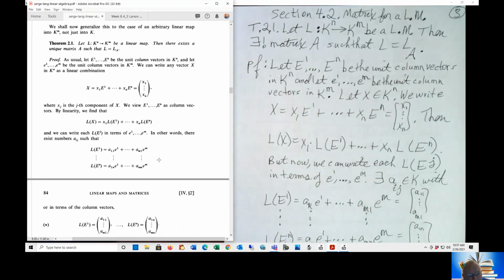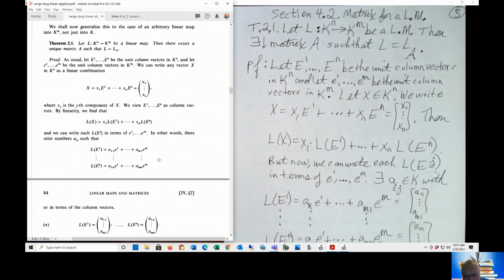We're now going to generalize that special case to the arbitrary case, the arbitrary linear mapping going from Kn to Km. So let L be a linear mapping that goes from Kn into Km. Then we contend that there exists a unique matrix A so that L equals L sub A.